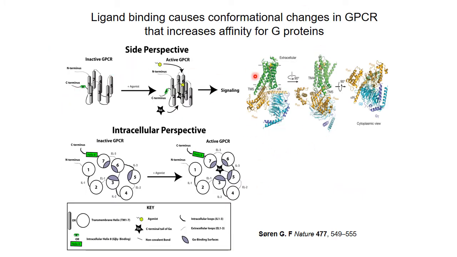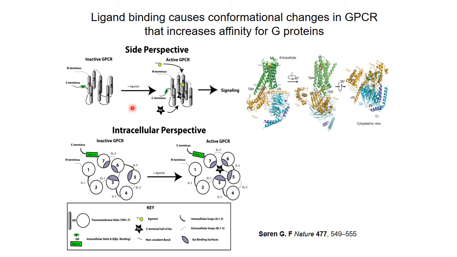So the idea is that if this is your inactive G protein coupled receptor, then we have neurotransmitter binding. It's going to lead to a conformational change in it, which will then lead to the activation of G proteins. It's going to also increase their affinity for G proteins and allow for their activation.